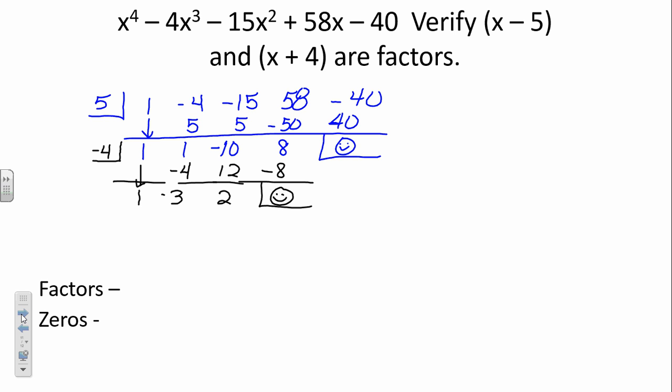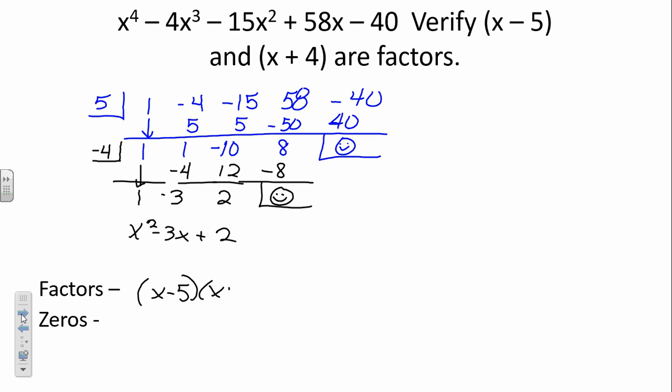And then if they wanted us to go further, now it was a fourth power, so this is a third power. This will be a squared, right? So this would be x squared minus 3x plus 2, and we could factor from there. Okay? Thumbs up if we're feeling okay? Let's see, a lot of sideways are down. That's good. So factors, when they ask you for factors, we know x minus 5 is a factor.